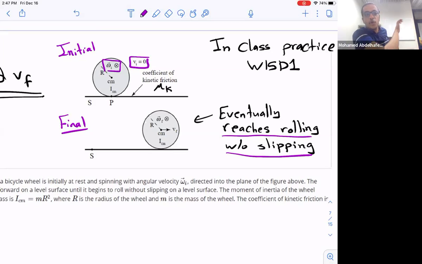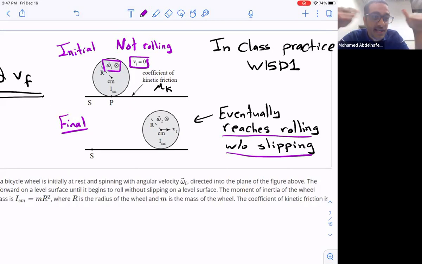Into the page means clockwise, by the way. It was spinning clockwise. So initially this is not rolling. It's very important to identify: is this rolling without slipping or not? The initial situation is not. You're not translating at all, you're just spinning.